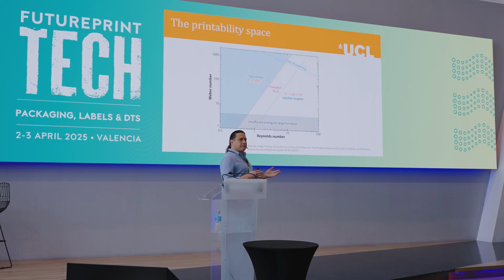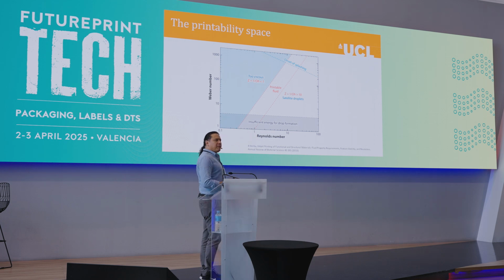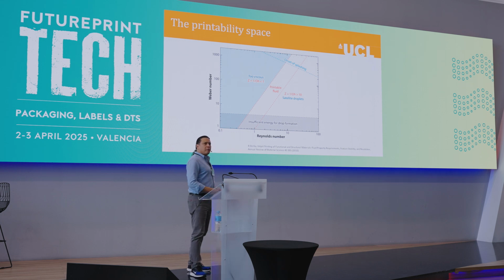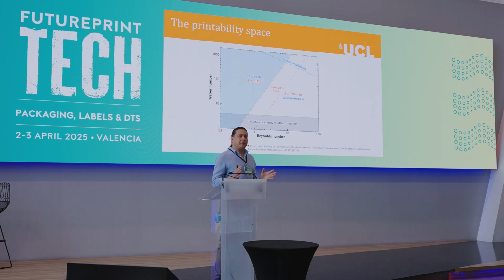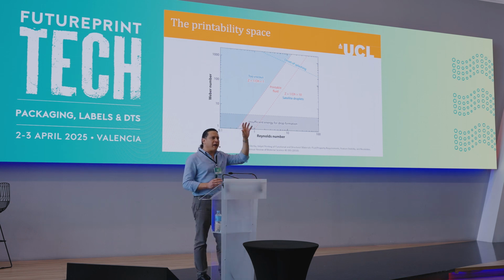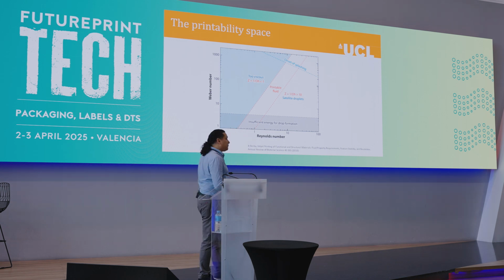But a couple of decades ago, Brian Derby, a professor in Manchester, came up with this parametric scale. So you have the Reynolds number on one axis and then the Weber number on the other axis. And then he found this sweet spot for printing. This is for the production of a nice single droplet without any satellite that can make inkjet very easy.